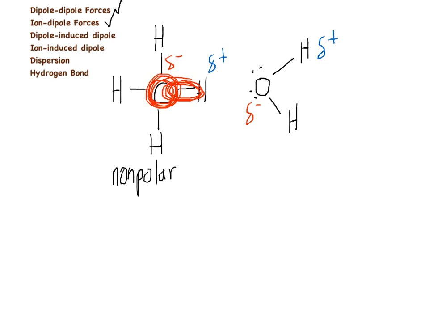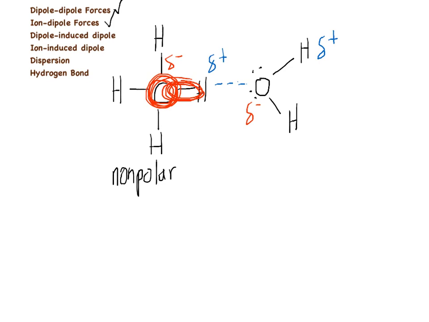Which creates basically an intermolecular force between this new partial positive hydrogen and the partial negative oxygen. So that's why this is called dipole-induced dipole, because this dipole moment was induced by a dipole. Pretty simple.